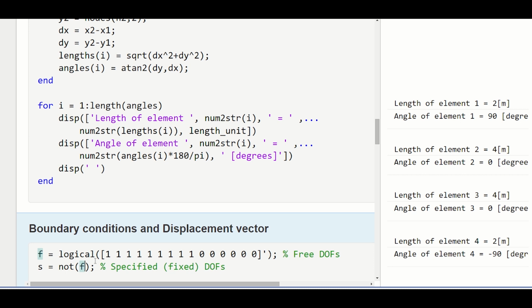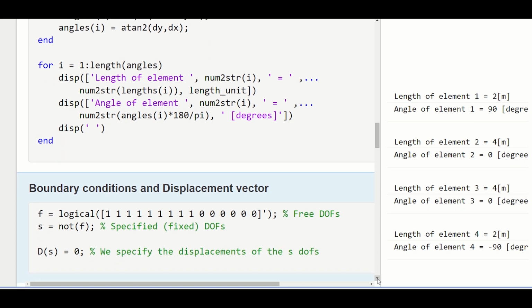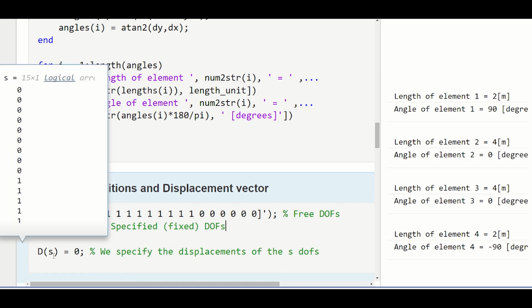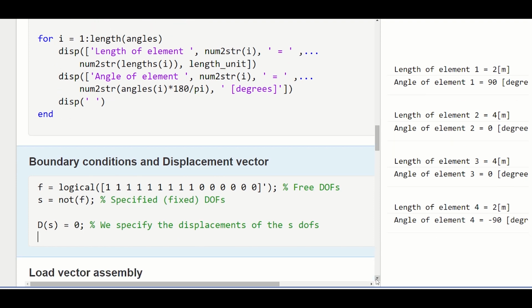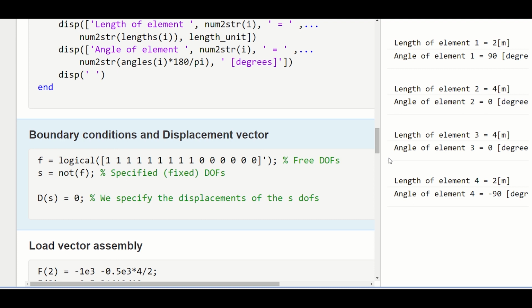So these two will be logical vectors consisting of either 1 or 0, like the computer. And I specify that the fixed degrees of freedom of your displacement vector are 0. Right, straightforward.